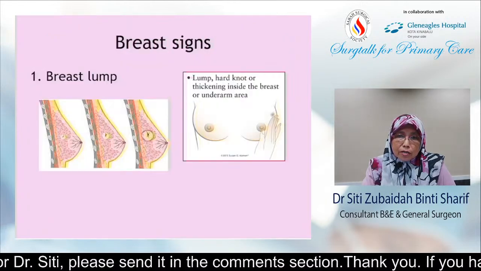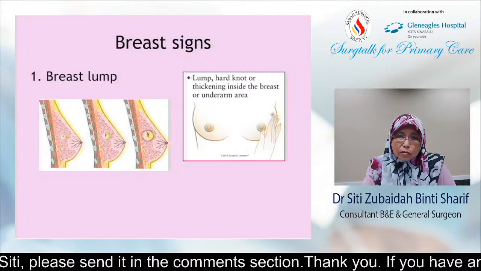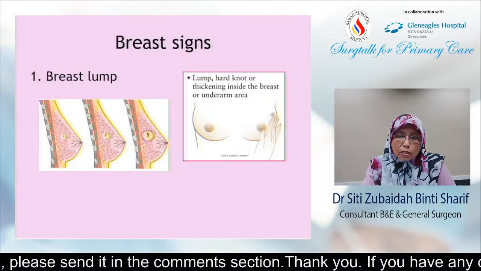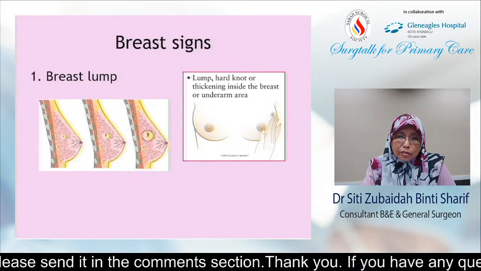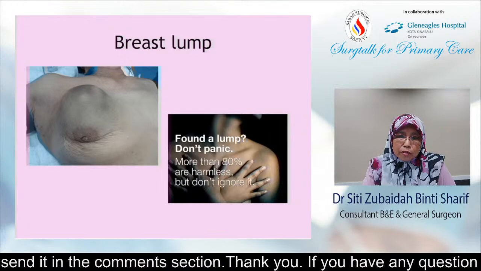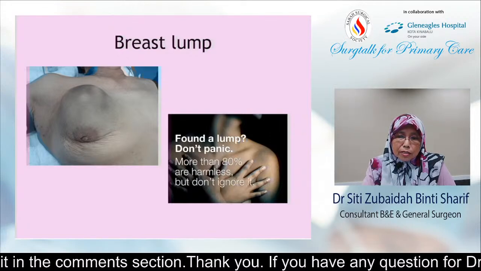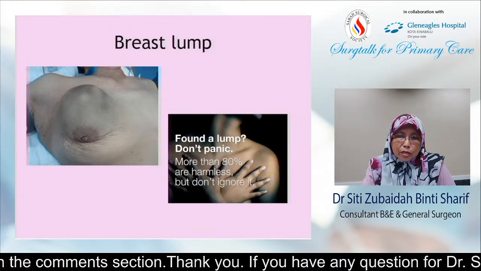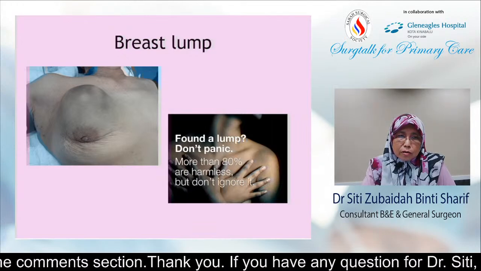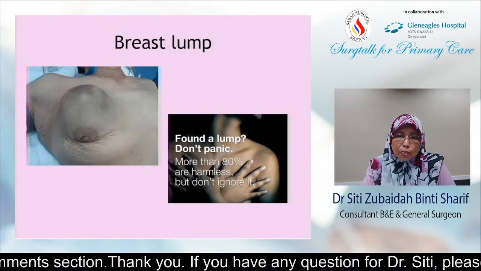So breast lump, as I mentioned just now, is the most common presentation for breast cancer. When you find a breast lump, 80% is normally benign, but before you label it benign, we must investigate it.